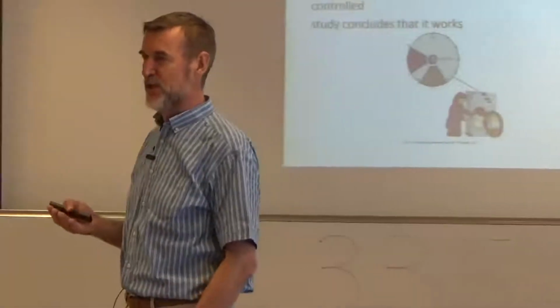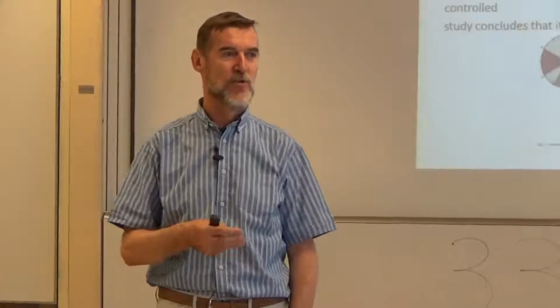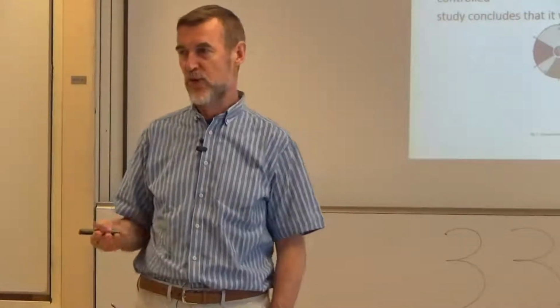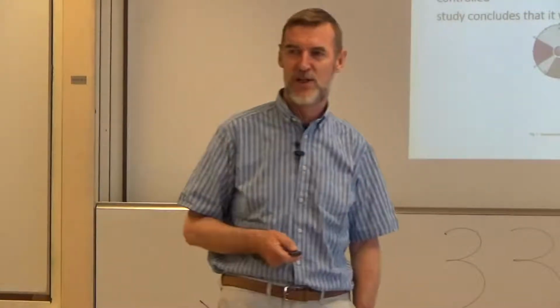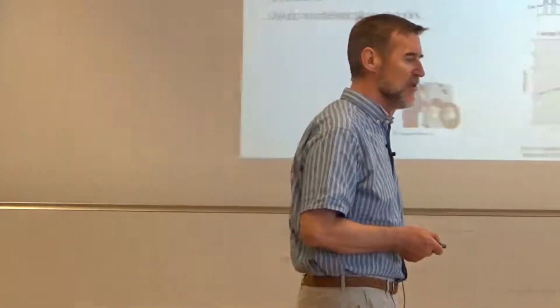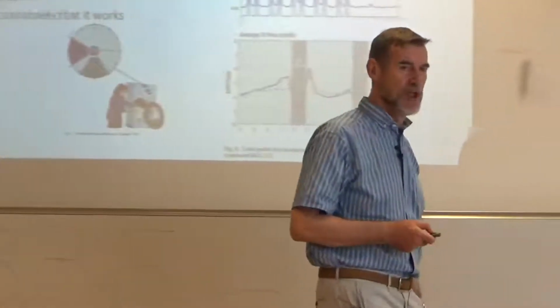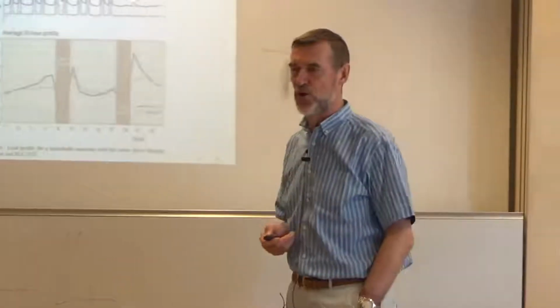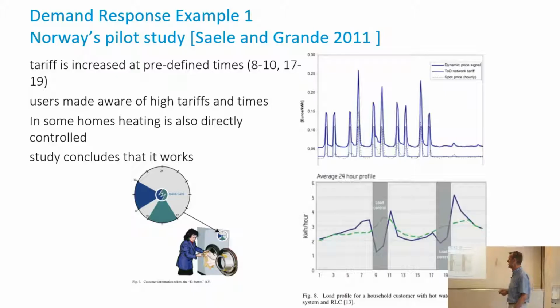The price of electricity can vary dramatically if we use locational marginal prices when the grid is not over-dimensioned, when the grid capacity is not able to support everything, which happens in many places in Europe and even worse in other countries. So one of the things that have been tried here, this is in Norway, is the prices on the real-time market that are reflected to consumers at home.